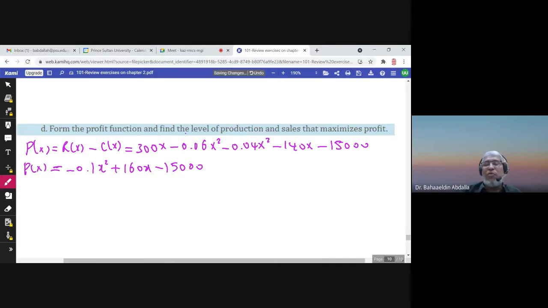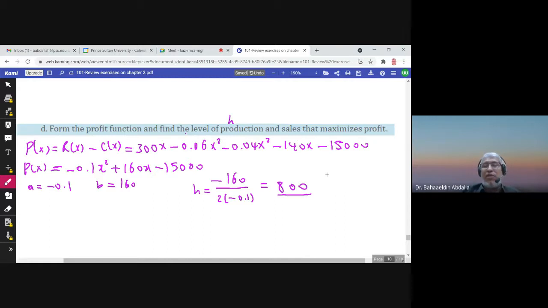Find the level of production and sales, which is h, that maximize the profits. So a is negative 0.1, b is 160, and h is negative b over 2a. So the answer is 800.